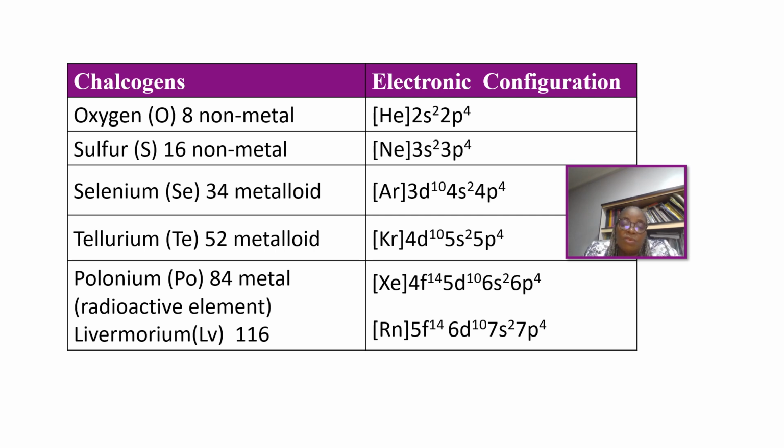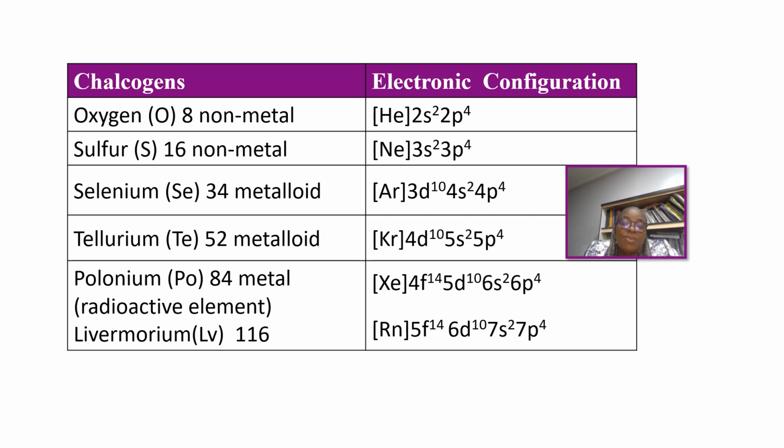And then polonium, symbol Po, atomic number 84. It's a metal with electronic configuration of xenon 4f14 5d10 6s2 6p4. And polonium is also a radioactive element.